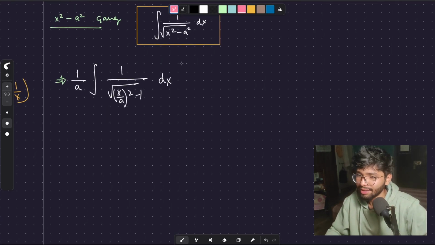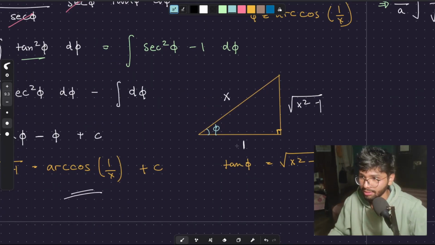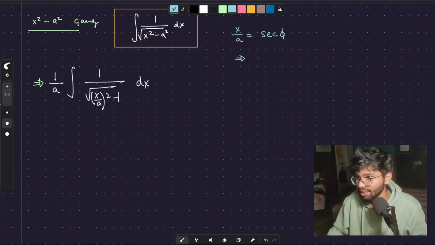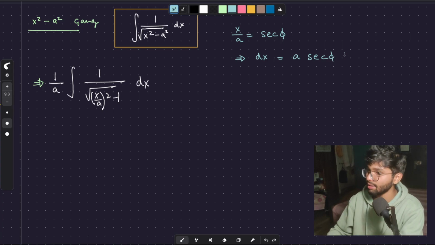Great. Now we're going to do some substitution. x over a is going to be secant phi, just like the previous derivation. So dx is going to be a secant phi tangent phi d phi.